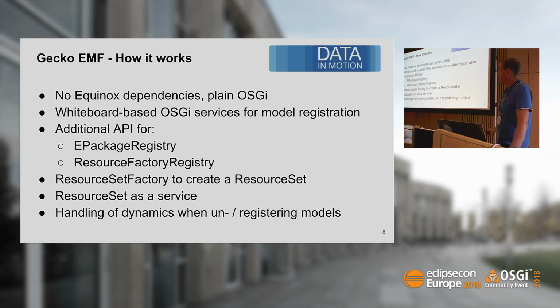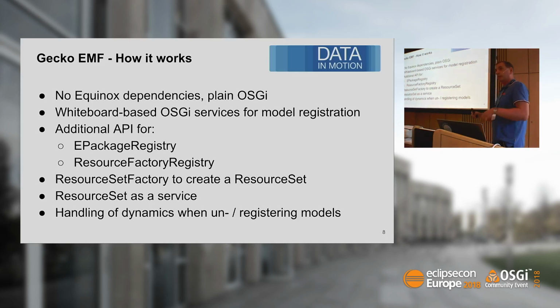On the other hand, we have our own EPackage registry, which inherits from the default one, and we also have a resource factory registry, which also inherits from the default one. And these both are services as well in OSGi.